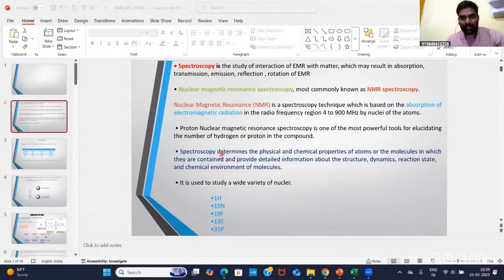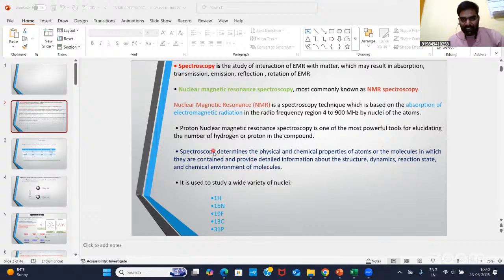Spectroscopy determines the physical and chemical properties of atoms or the molecules in which they are contained, and provides detailed information about the structure, dynamics, reaction state, and chemical environment of molecules.